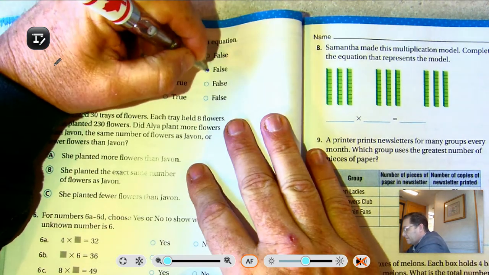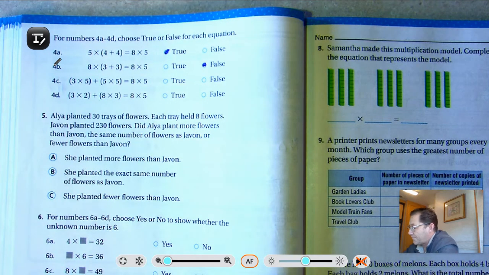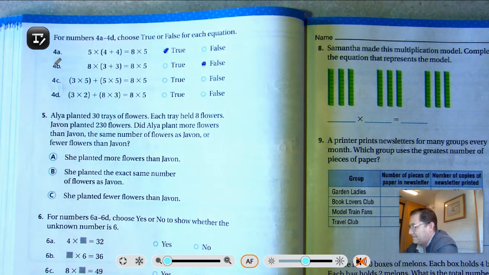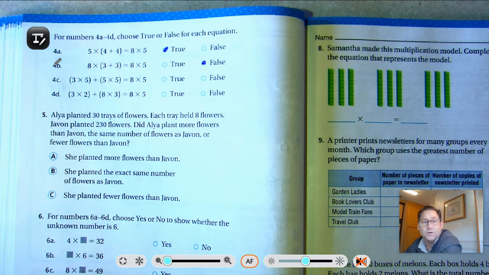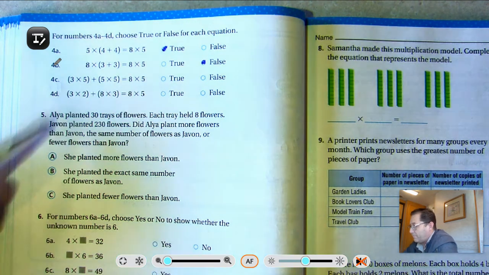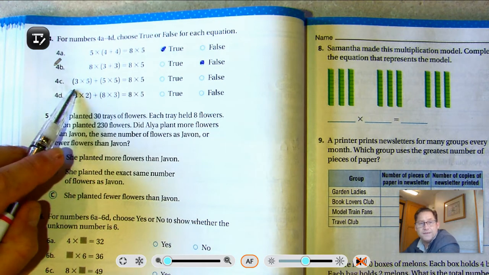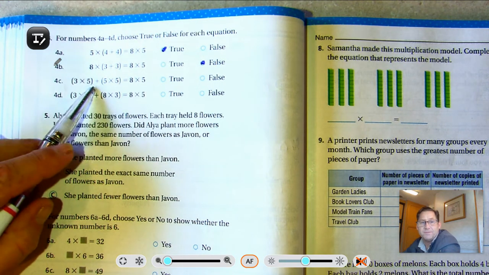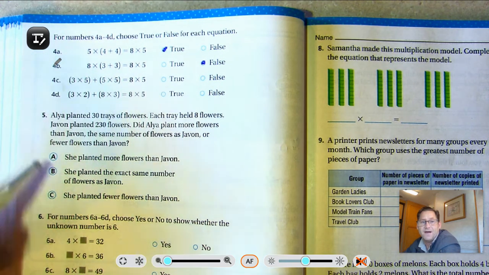That one's false. The product of 3 times 5 plus the product of 5 times 5 is the same as 8 times 5. Well, if we add the 5 and the 3 together, we get 8, and the 5 is being repeated, so 8 times 5.